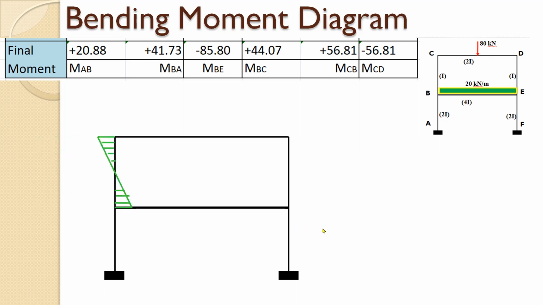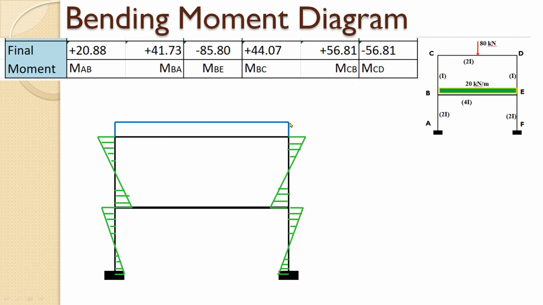First of all, you complete the bending moment diagram of columns, and after that you take the mirror image on the other side. So this is the bending moment diagram of columns. After that you draw the bending moment diagram for beam. For BE it is minus 85, for BA, for CB, CD it is minus 56.81.